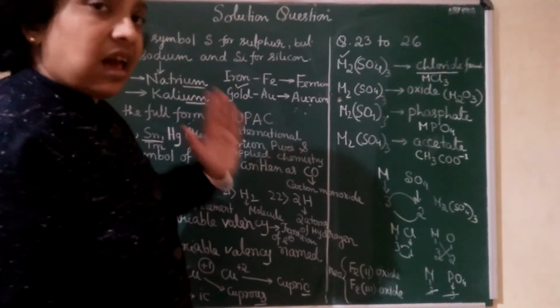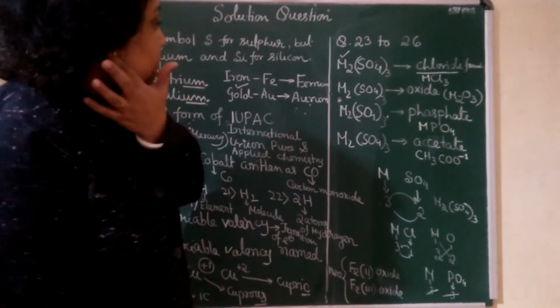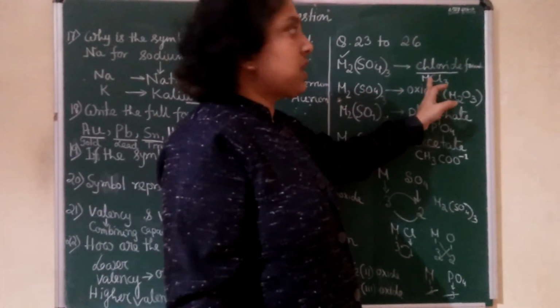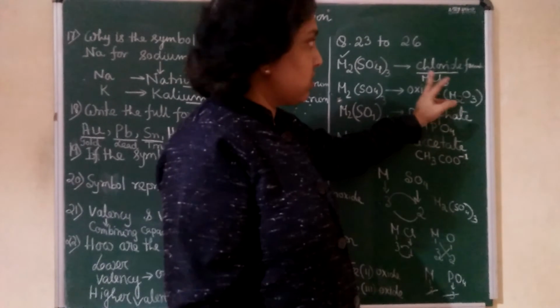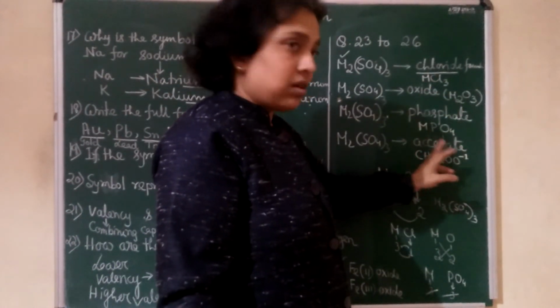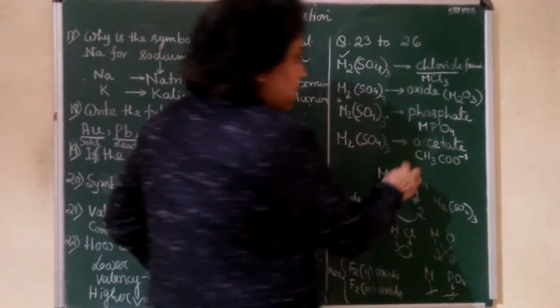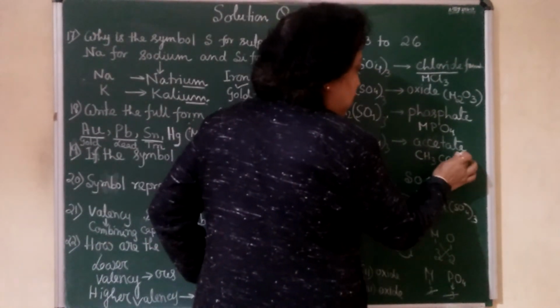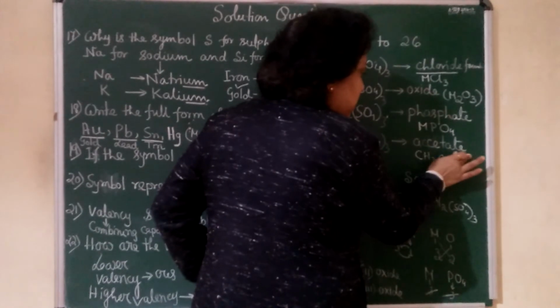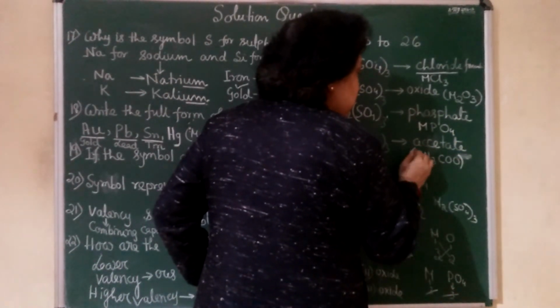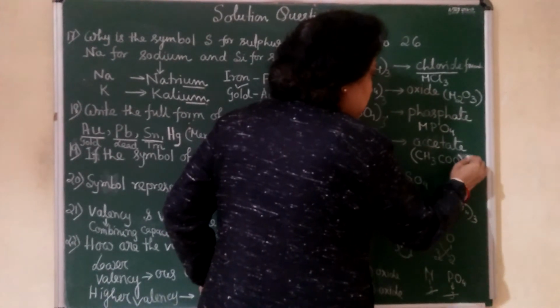Only with the acetate radical, we normally write the cation in the beginning and the anion next, but in this case it will be just opposite. So CH3COO is 1, with M 1 will go, and M has 3 valency, so (CH3COO)3M.